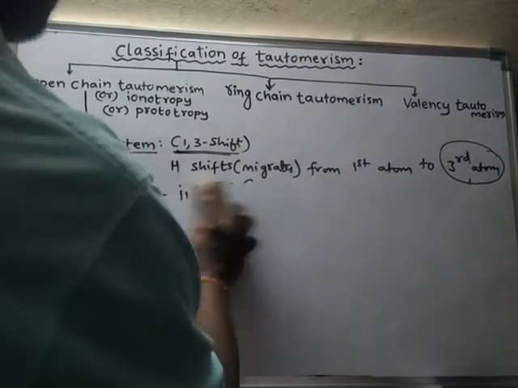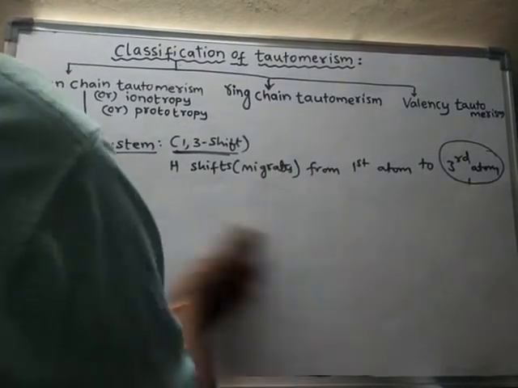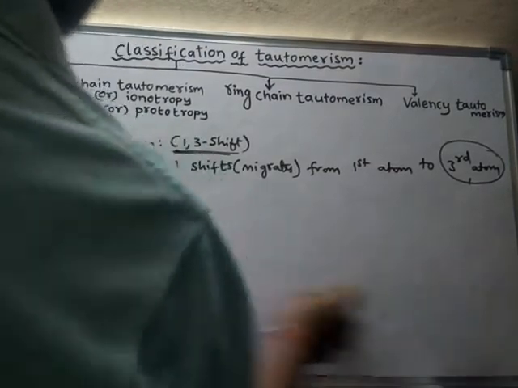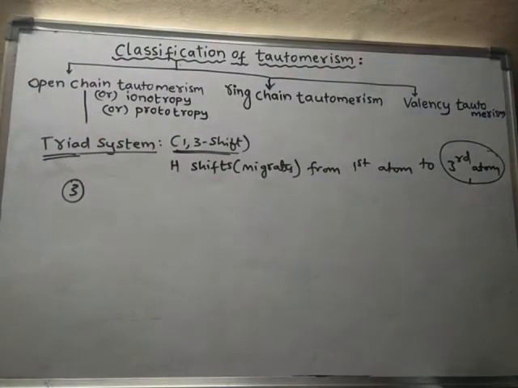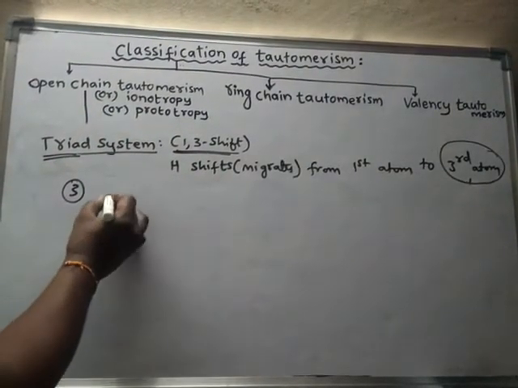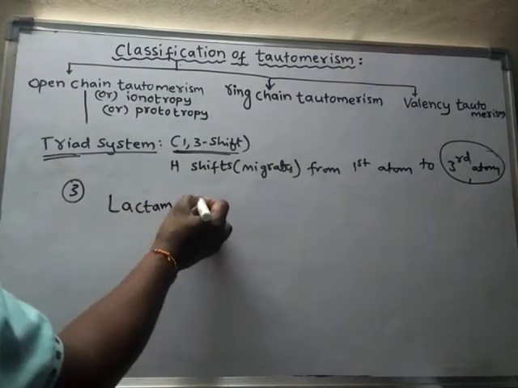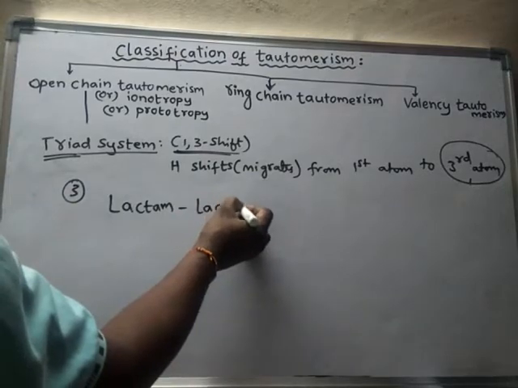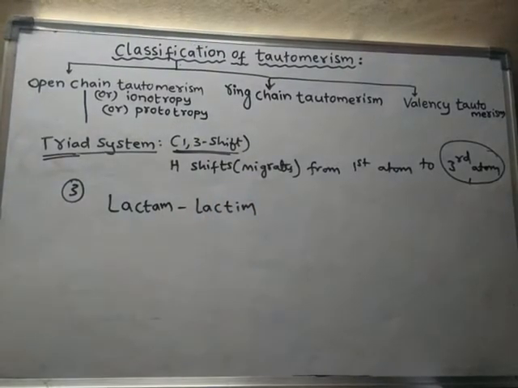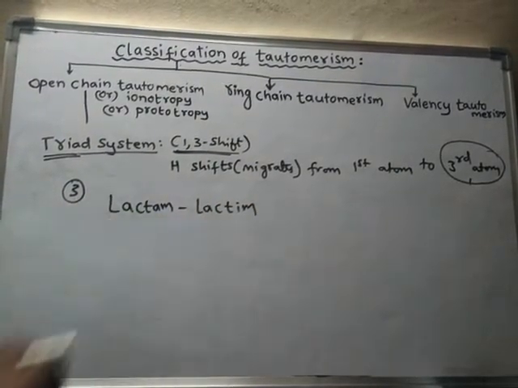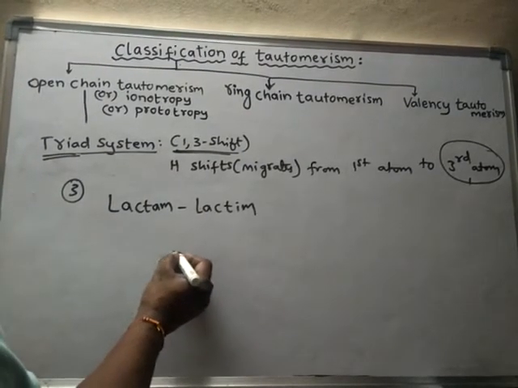Now we learn one more example, some other examples for the triad system: lactam, lactim. Lactam means cyclic amides. Cyclic amides are said to be lactams.